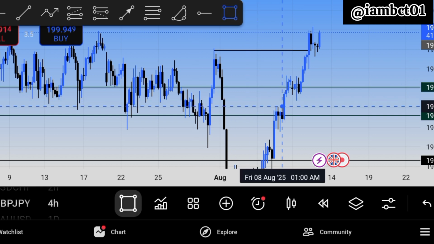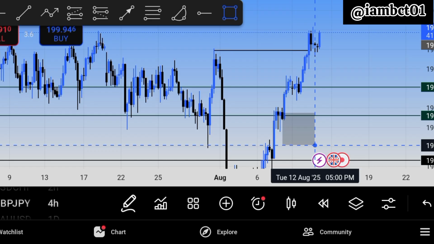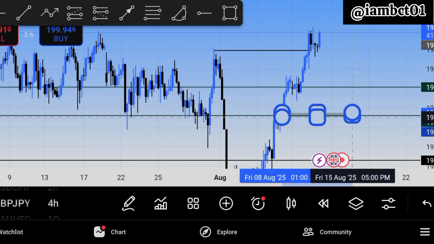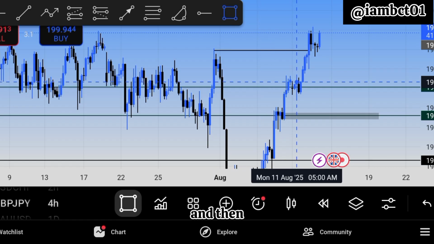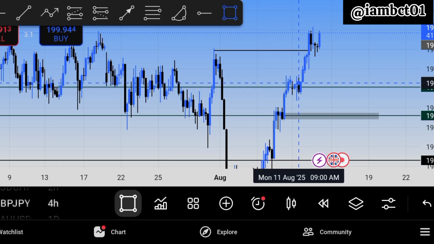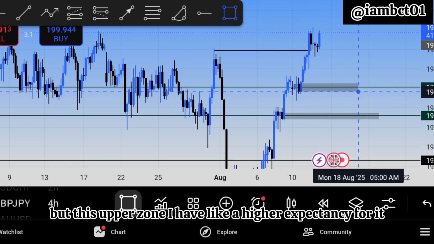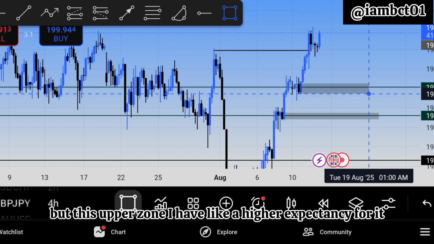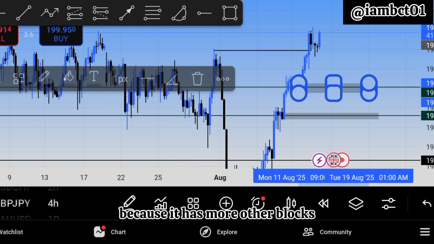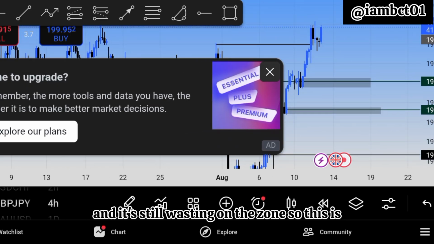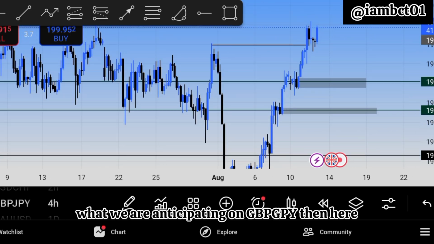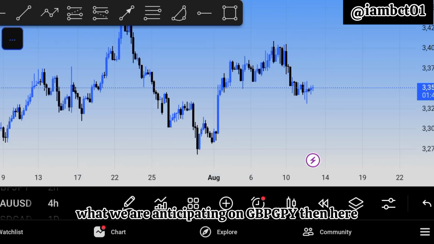So I expect something from this zone and this zone as well. But this upper zone I have a high expectancy for, because it has more order blocks and it's still resting on the zone. So this is what we are anticipating on GBPJPY.